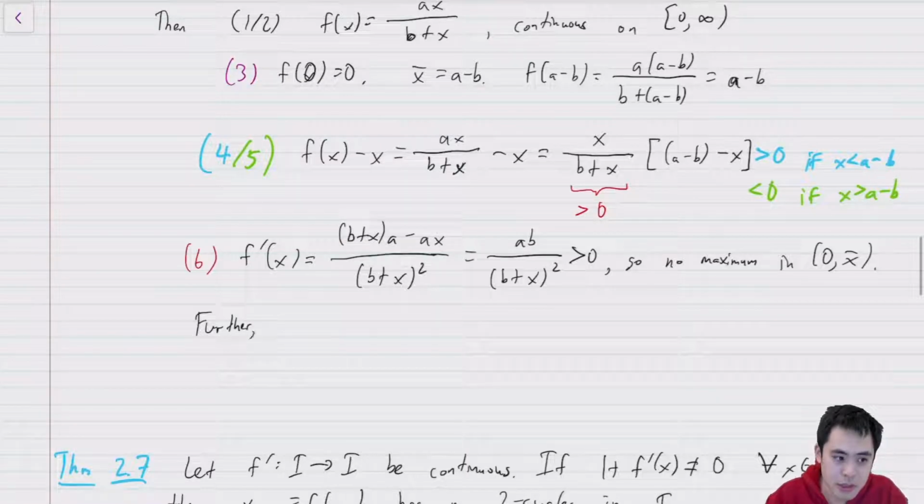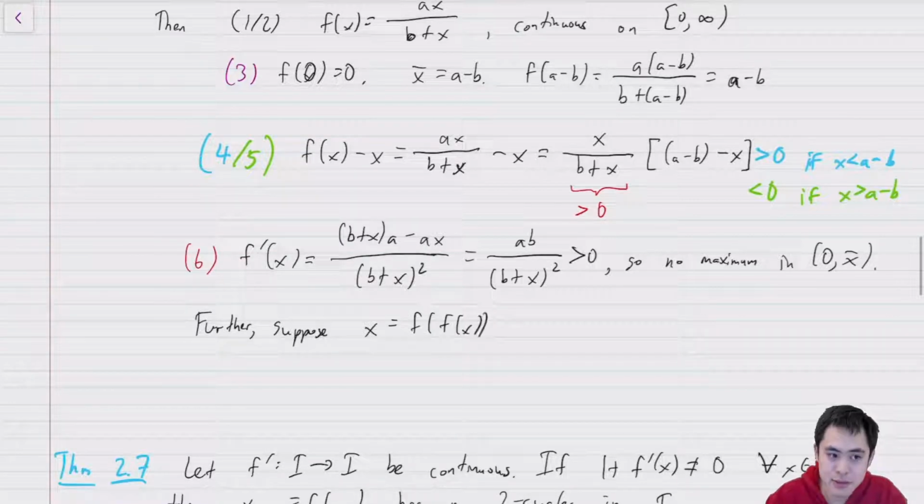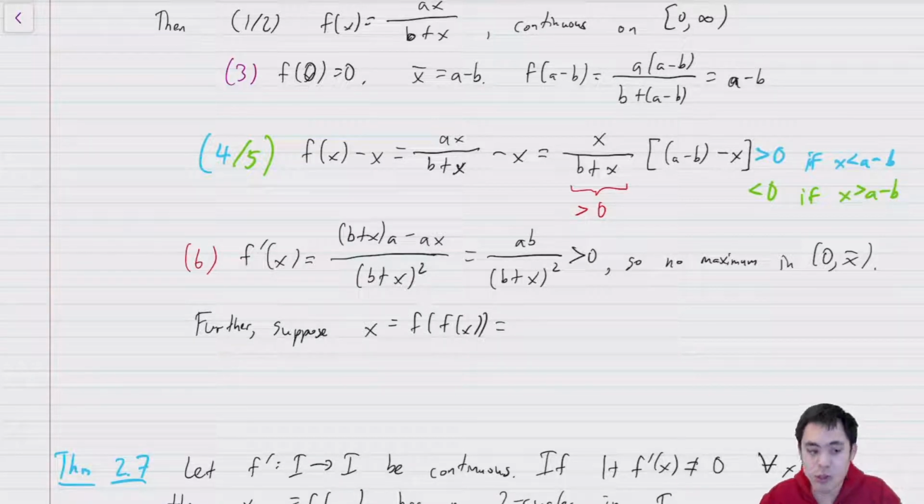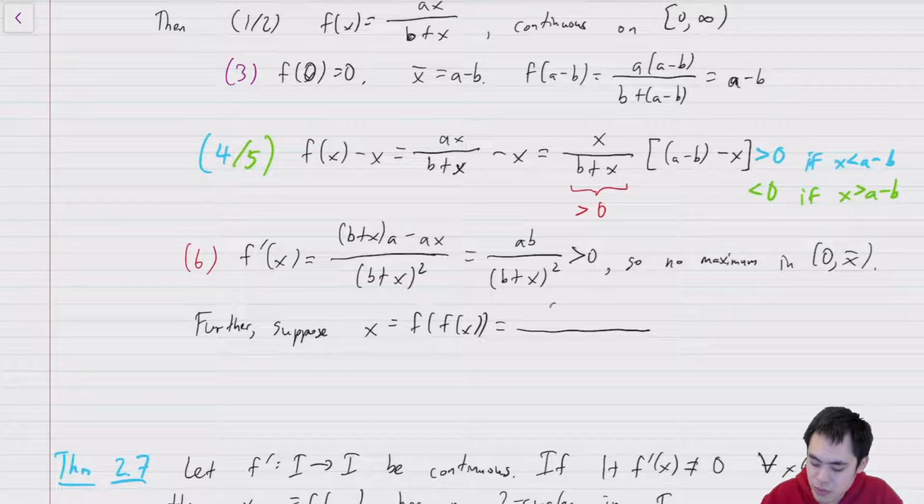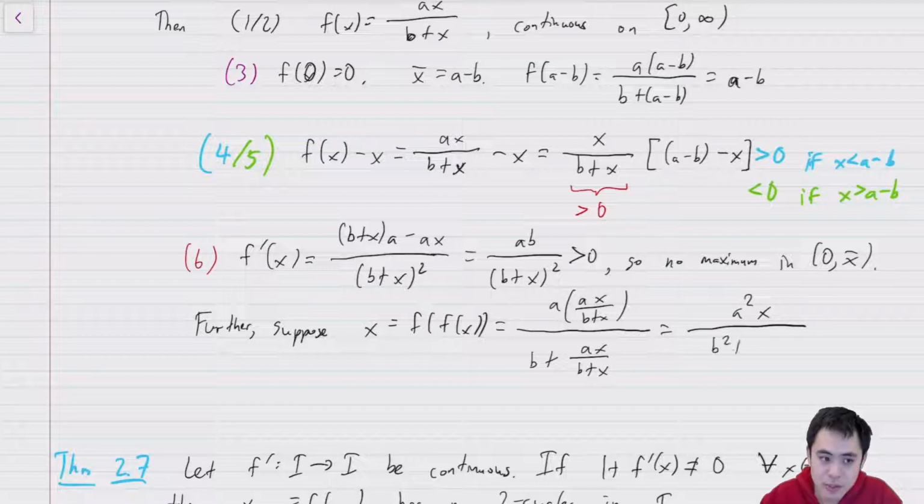Now further, suppose that x is equal to f of f of x. So we're trying to find 2 cycles now, which is equal to a times ax over b plus x, divided by b plus ax over b plus x, which is equal to a squared x over b squared plus bx plus ax.